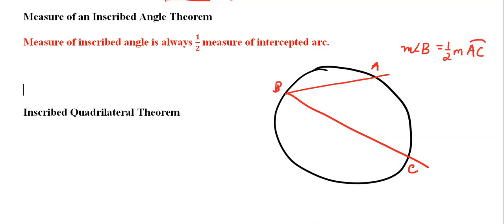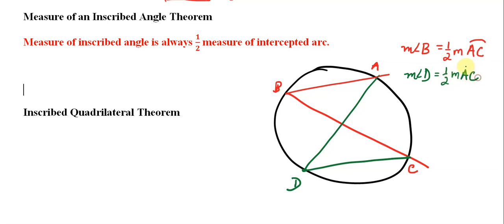Okay. And what we can say even further than that is that it doesn't really matter where this angle's vertex is located, as long as it intercepts the same arc. So for example, even if I draw another angle here from A to this corner here, to C, because angle D still intercepts arc AC, we can still say that the measure of angle D is equal to 1/2 the measure of arc AC.